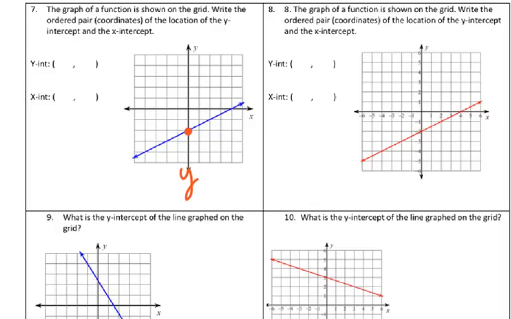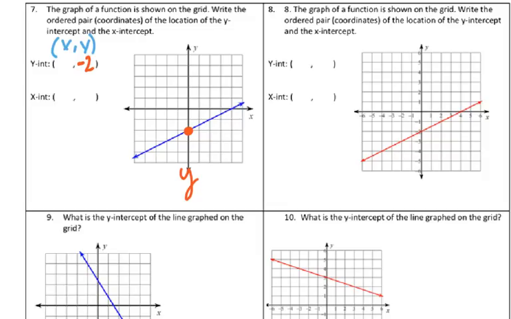This blue line crosses the y-axis at the number -2. So to write that in an ordered pair, remember an ordered pair is x, comma, y. So the y-intercept, -2, has to sit in the y spot of the ordered pair. So -2 is going to be right here in the y spot of an ordered pair.